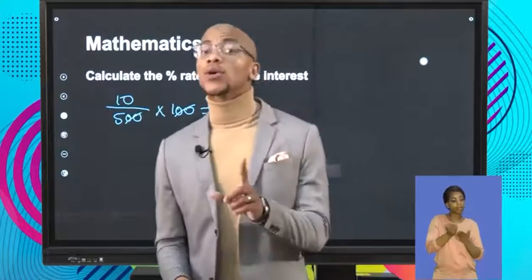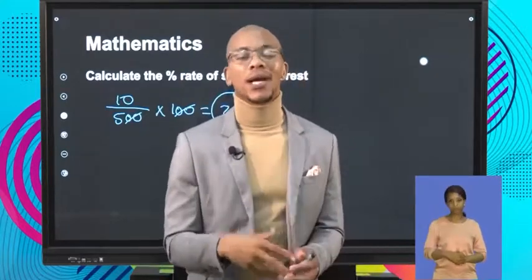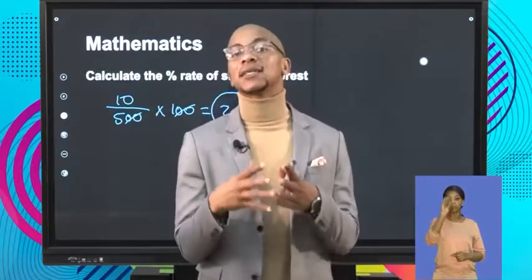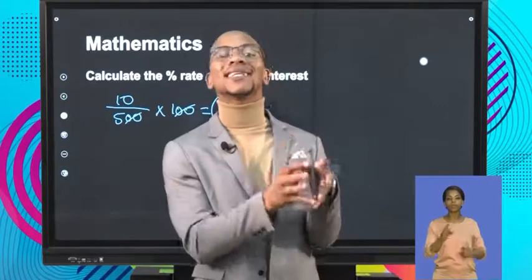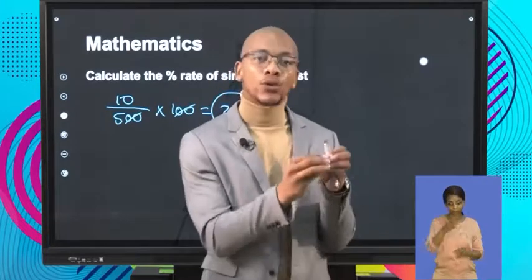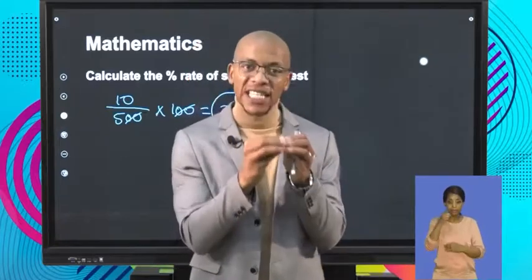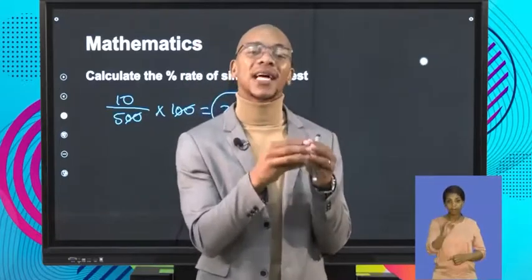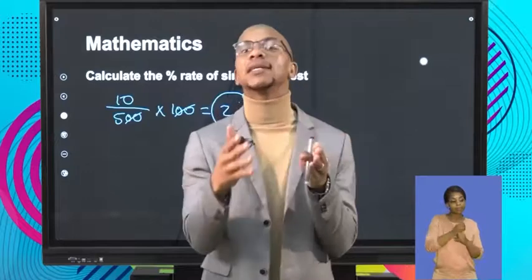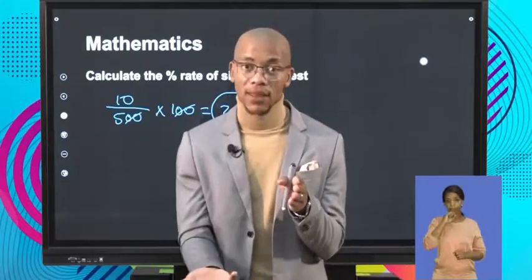But because this is simple growth, it's not 2% of what you have in the bank, but it is 2% of what you started with. So with simple growth, we're only looking at the percentage of the initial amount that you started with, and that's what you are adding each and every month.